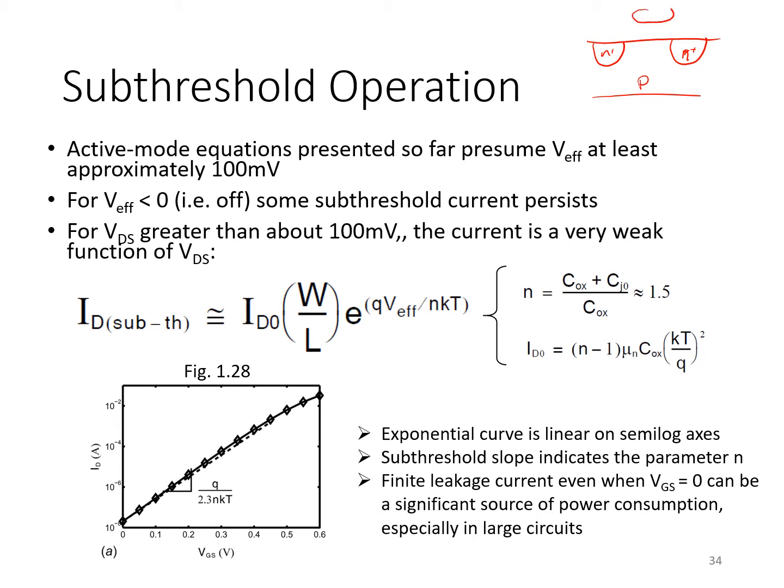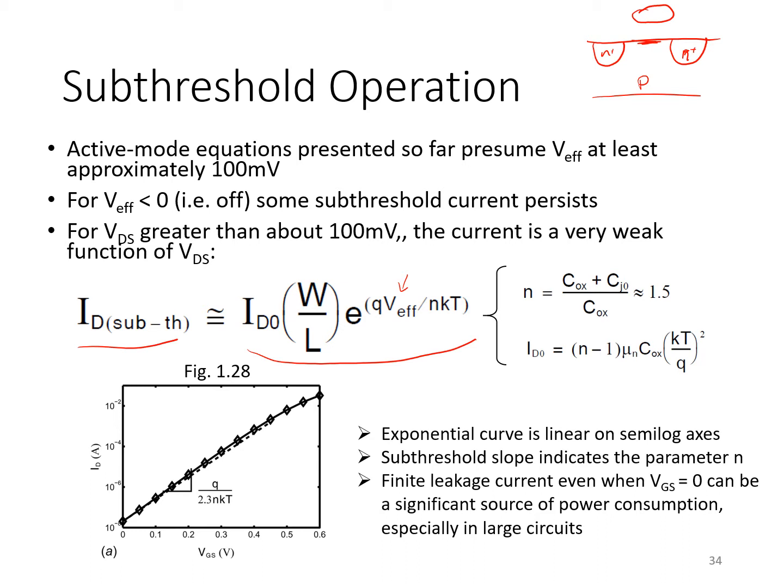And the gate voltage here, even though the channel is not inverted, it's the field effect that's having an impact on the surface potential in this part of the structure. So you end up with a weak bipolar junction transistor effect happening that gives rise to this exponential relationship between V effective and the resulting subthreshold current.